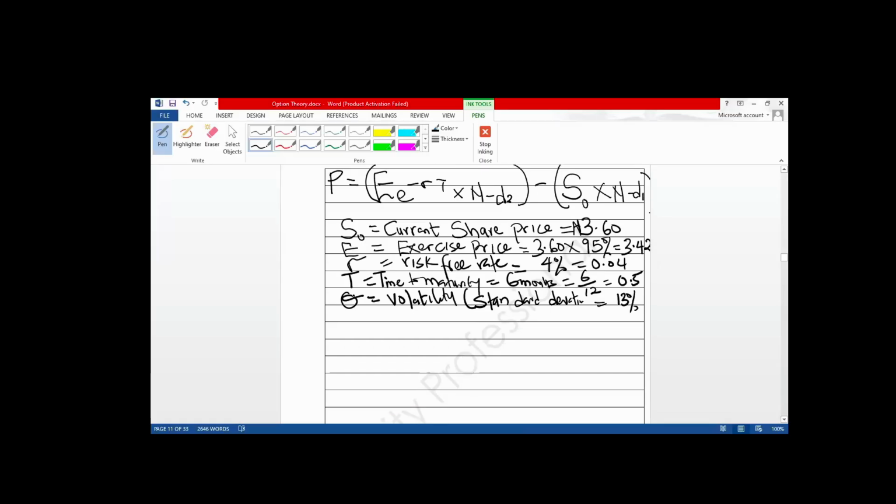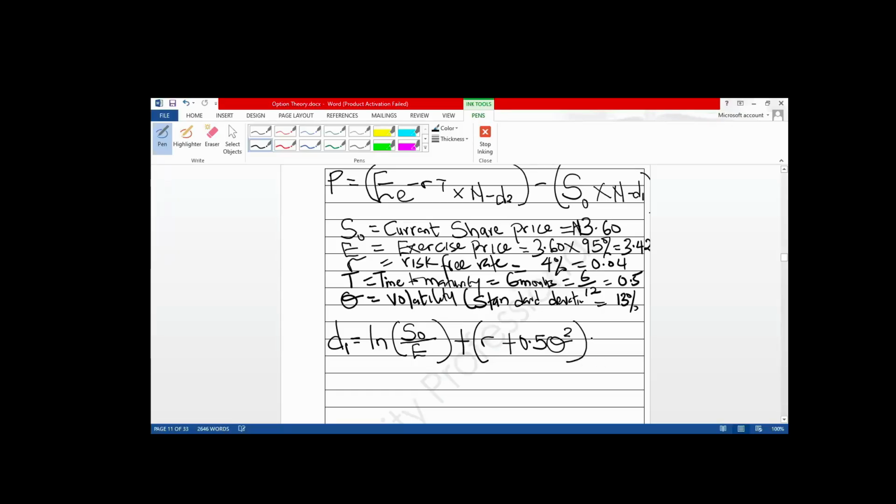What is the formula for D1? Your D1 is equal to ln of S0 divided by capital letter E, close your bracket, plus R plus 0.5 constant multiplied by the volatility squared.